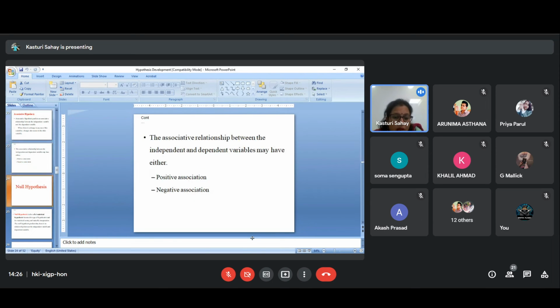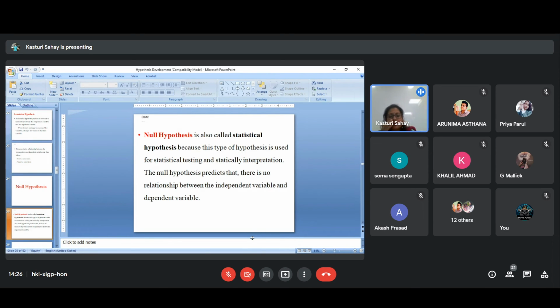So when we now come to the null hypothesis, we were discussing that null hypothesis is what you all have been doing, or what we all have been doing, in social science. These are the statistical hypotheses, because this type of hypothesis is used for statistical testing and statistically interpreting your result. The null hypothesis predicts that there is no relationship between independent variable and dependent variable.